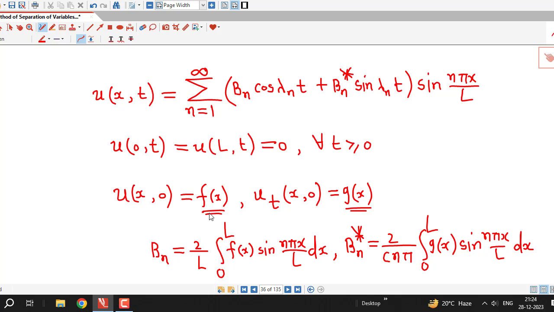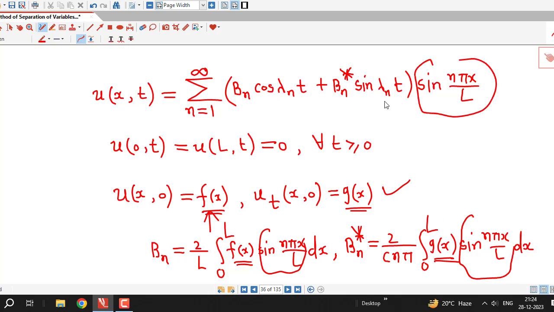In Bn we are using value of initial deflection f(x). In Bn star we are using value of initial velocity which is g(x), and this term is common, sin n pi x by L, in these three equations.